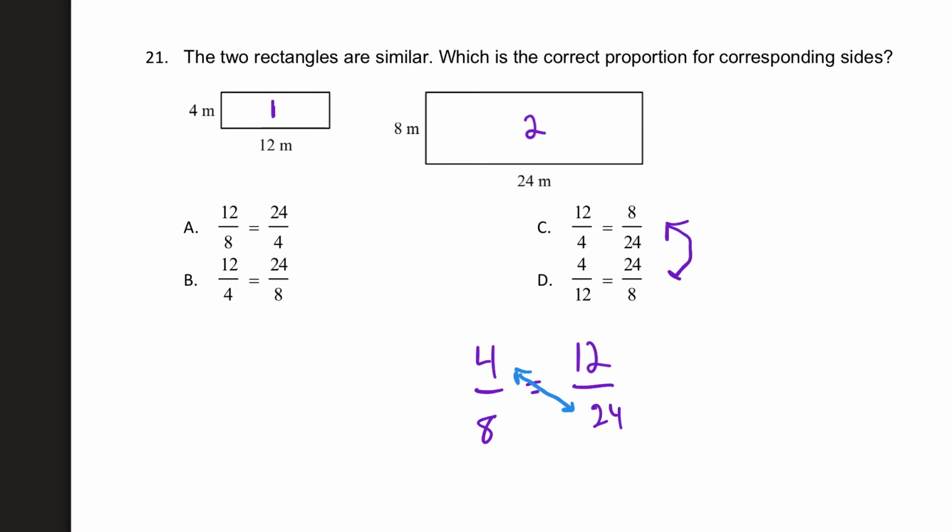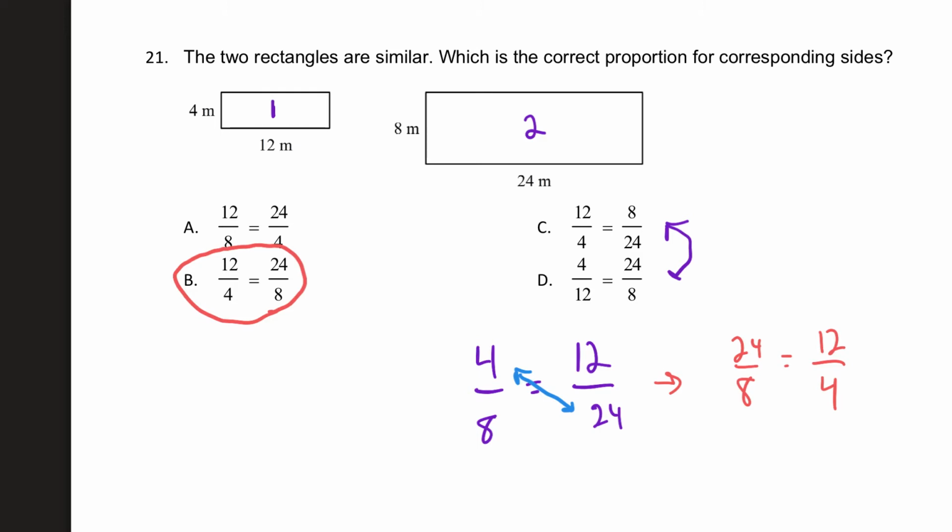So if I rewrote this, and I'll write it in a different color, if I rewrote this as 24 over 8 equals 12 over 4 by swapping the 4 and the 24, I think one of those will come up, and it's B. Look, B is the symmetric property of that. It's 12 over 4 equals 24 over 8, which is just as correct.